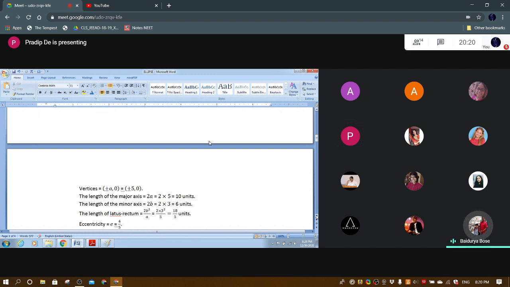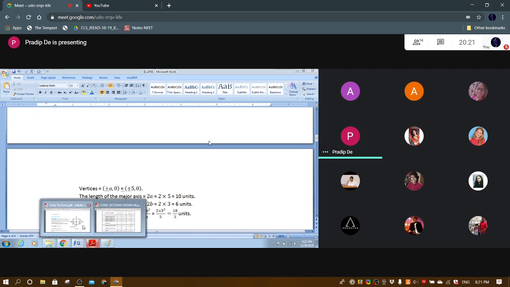Sir, what are the foci for x square by b square plus y square by a square? You tell me. What is the distance between the center and focus? Which is C, isn't it? Yes, sir. I'll show you the diagram. It will help you.